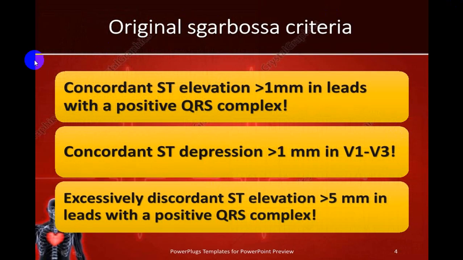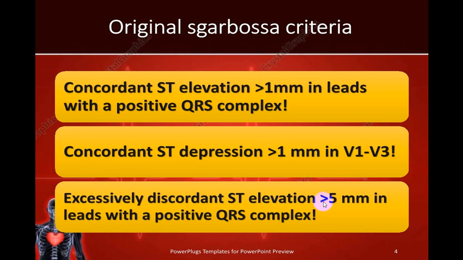This was the original Sgarbossa criteria we have already done before. Concomitant ST segment elevation with a positive QRS complex, in V5, V6, is 5 points. Concomitant ST depression in V1, V2, V3 of more than 1 millimeter is 3 points.